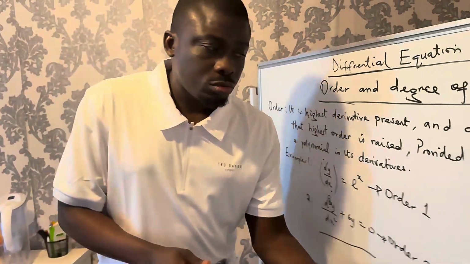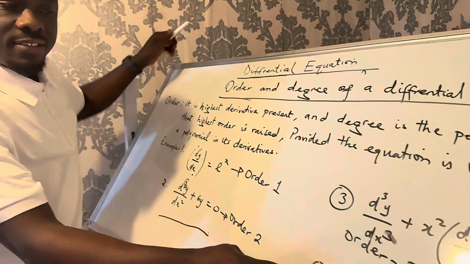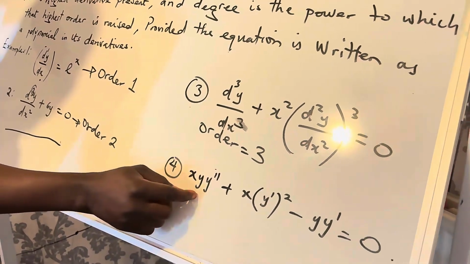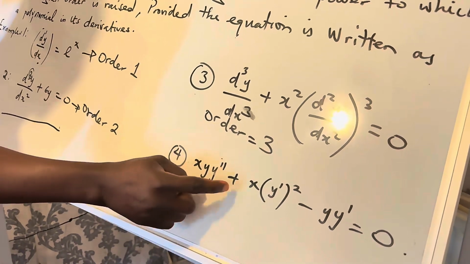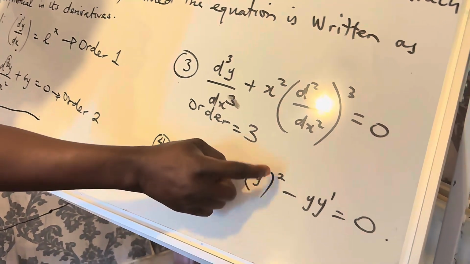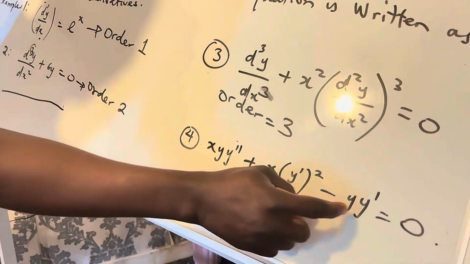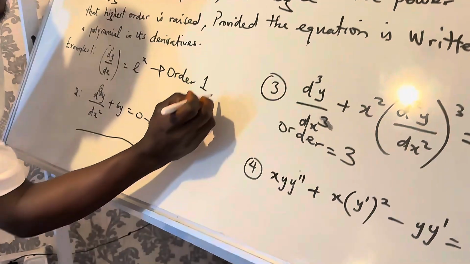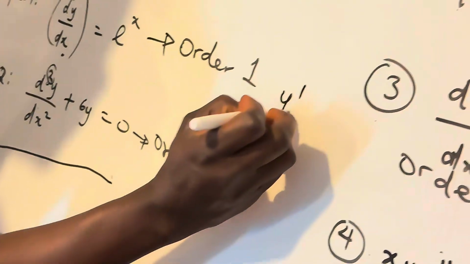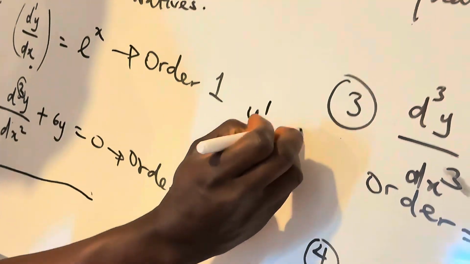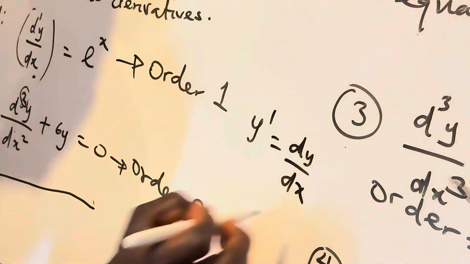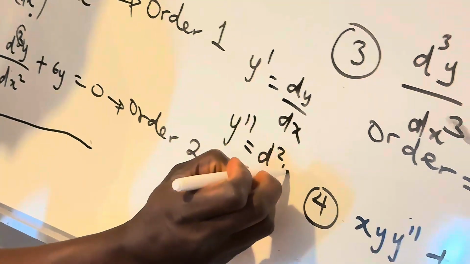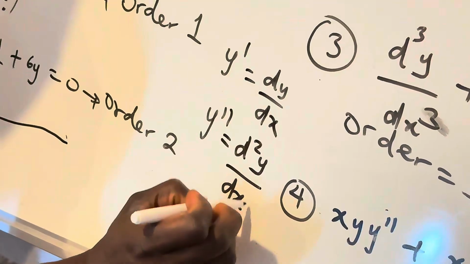And for the last one, we have xy raised to power y, xy, y double prime, plus x, y prime squared, minus y prime. I believe we all understand the fact that y prime is equal to dy/dx, and y double prime means d squared y over dx squared.